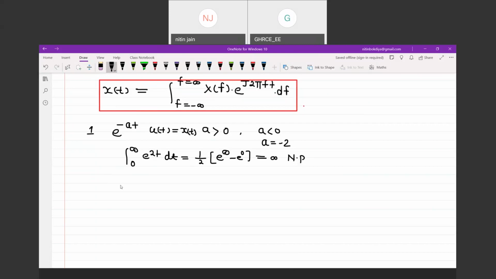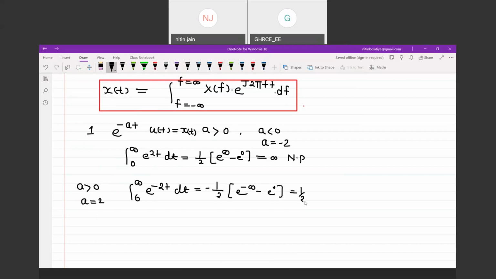But yes, if a is greater than 0, you can select any number. Let's say a equal to 2. So it's 0 to infinity e to the power minus 2t into dt. Its area is minus 1 by 2 into e to the power minus infinity minus e to the power 0, which is equivalent to 1 by 2.